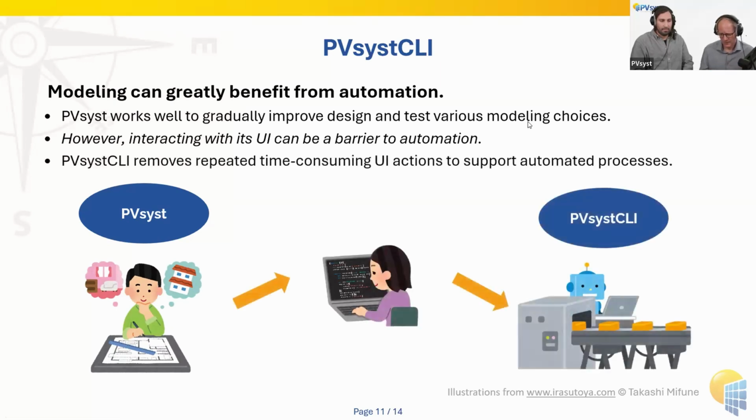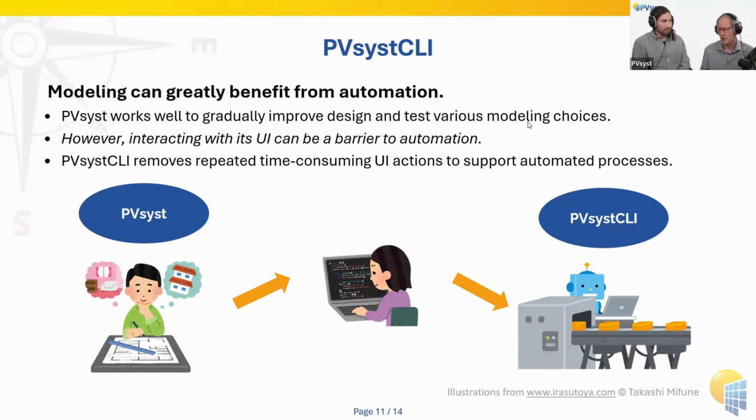The command line interface will allow you to perform certain operations of PVsyst without using the graphical interface. You just type a command line on a terminal, and this will trigger the execution of PVsyst in the background. And this, of course, will open the possibility to integrate PVsyst in an automatic workflow.